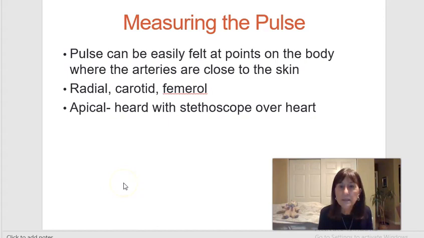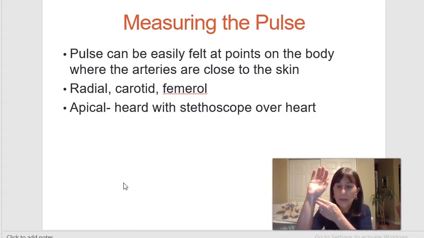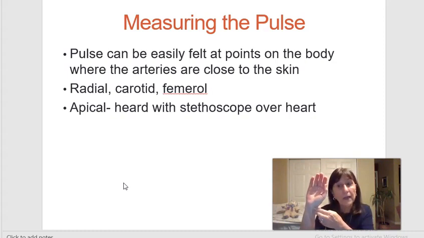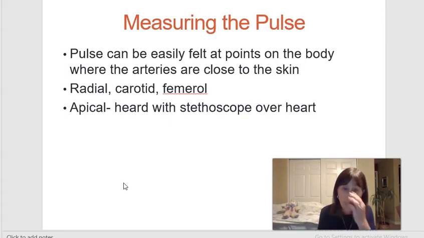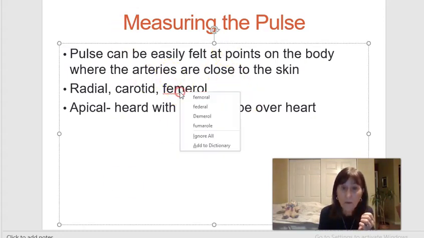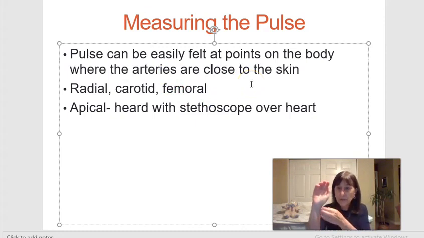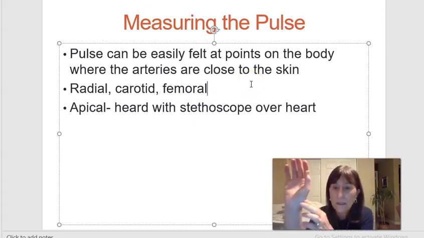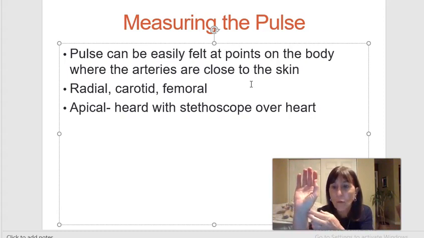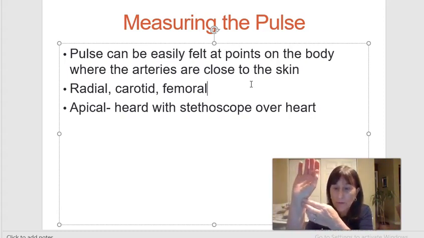So, for this class, because I'm not in person with you, I'm going to make sure you know where to feel for the pulse, and I want you to be able to do a radial pulse. I'll make a video for this, and I'm going to have you send me a picture, or I'm going to do it online where I can see it up close.